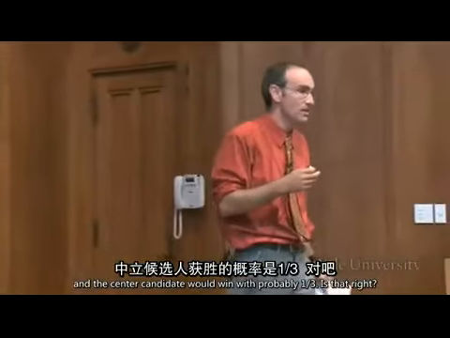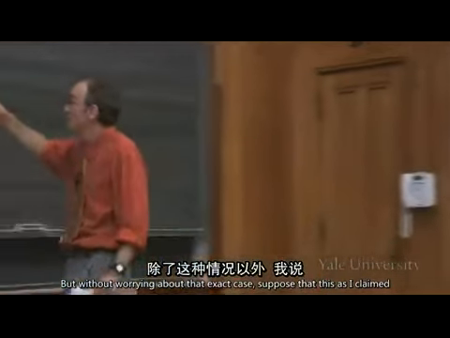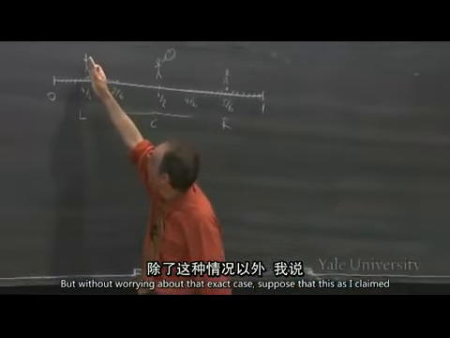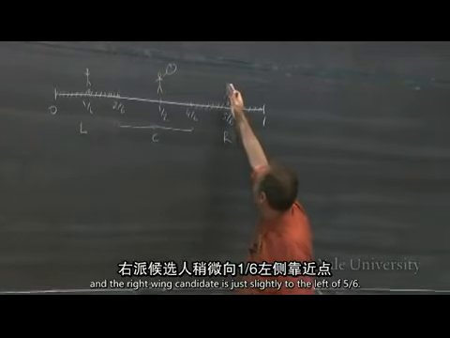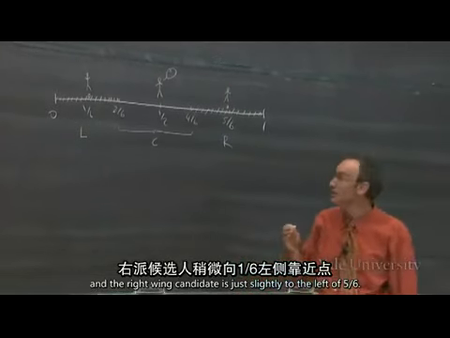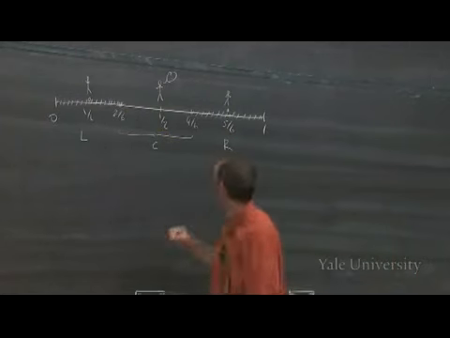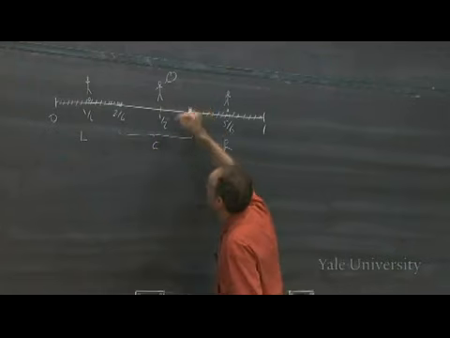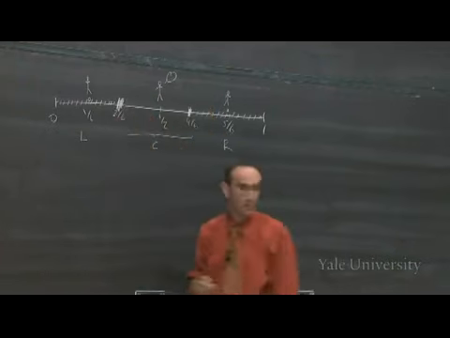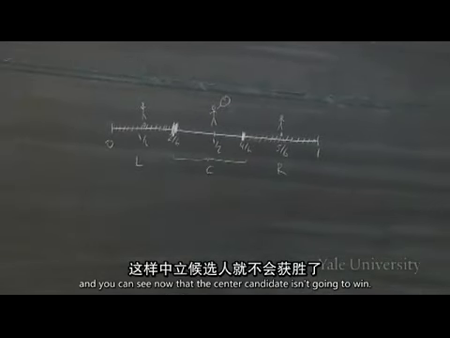Is that right? But without worrying about that exact case, suppose, as I claimed, that the left-wing candidate is just slightly to the right of 1/6, and the right-wing candidate is just slightly to the left of 5/6. Now, this left-wing candidate gets a few extra votes here, and the right-wing candidate gets a few extra votes here. You can see now that the center candidate isn't going to win. Is that right?